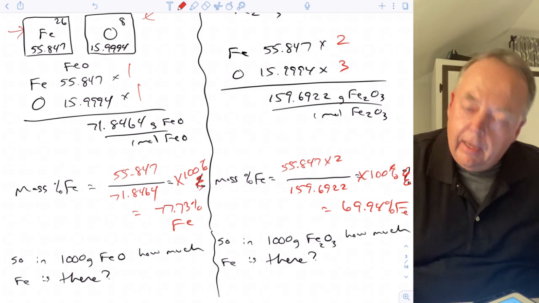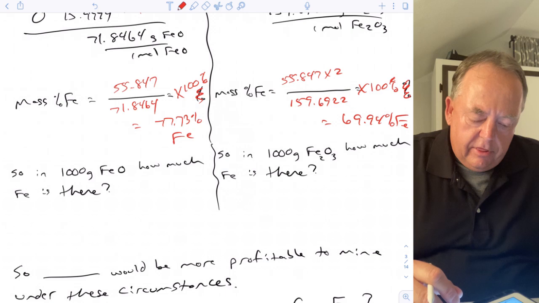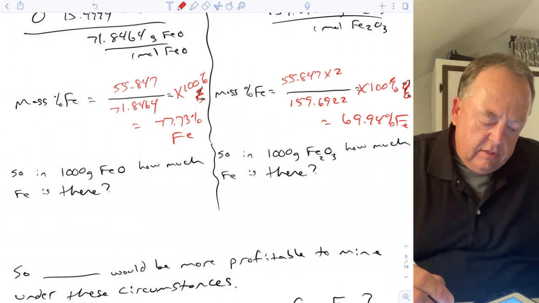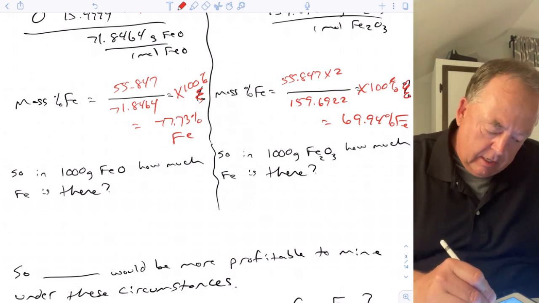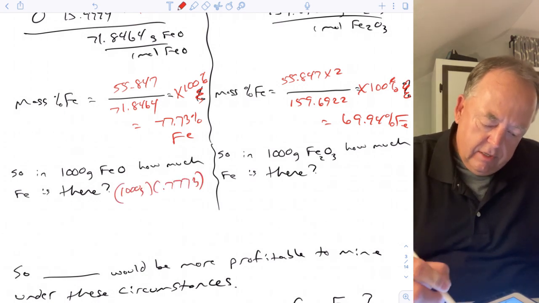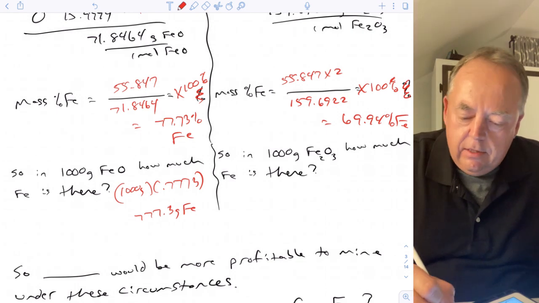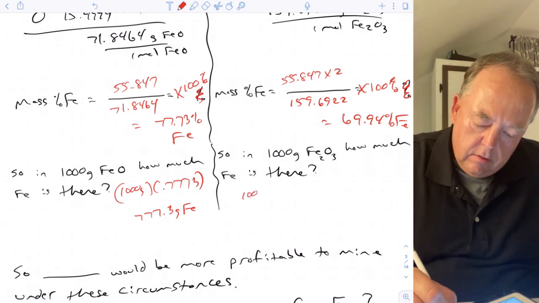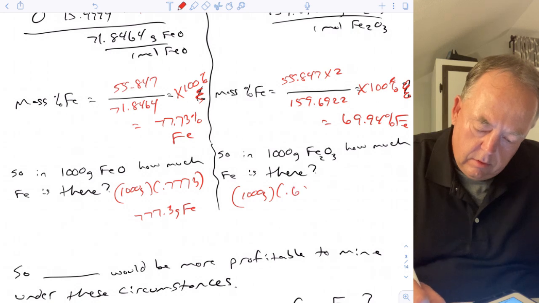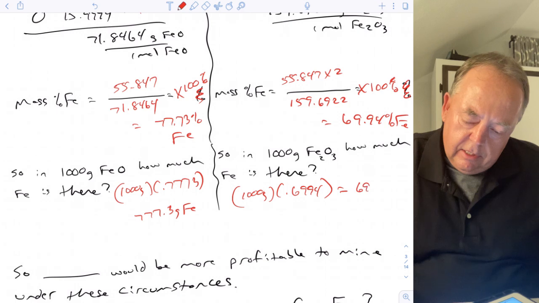69.94% iron by mass. Okay, so if you had a kilogram, 1,000 grams of iron(II) oxide, how much iron is there? That would be 1,000 grams times 0.7773, right? So that would be 777.3 grams of iron. And if you had 1,000 grams, a kilogram of iron(III) oxide, then multiply it by the fraction that's iron, so 699.4 grams of iron.